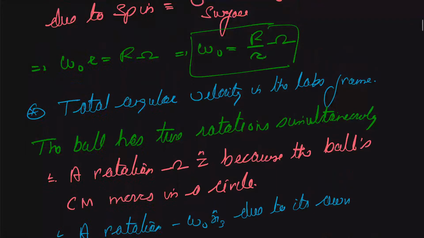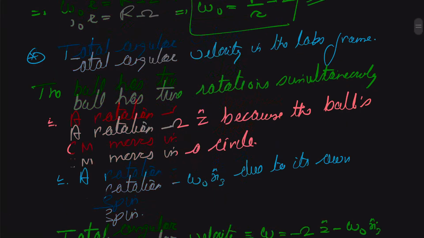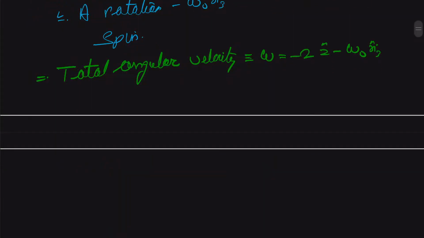And we already know our omega naught, so we can substitute it here. So we get our omega is equal to omega z unit vector minus r upon small r omega, and this comes as our x3 unit vector. Okay, let us call this as equation number 1.